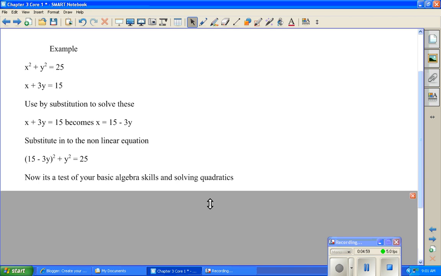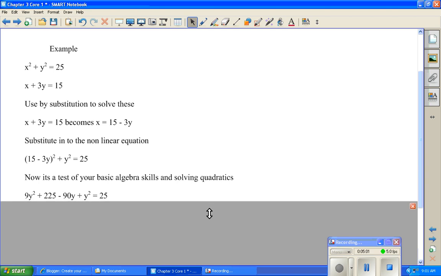Now, let's test your basic algebra skills. So we're going to multiply out this squared bracket, sum of the squares, so 3y all squared, 15 all squared. There's your 9y squared and 225, plus twice their product. Minus 3 times 15 is 45, times 2, 90.